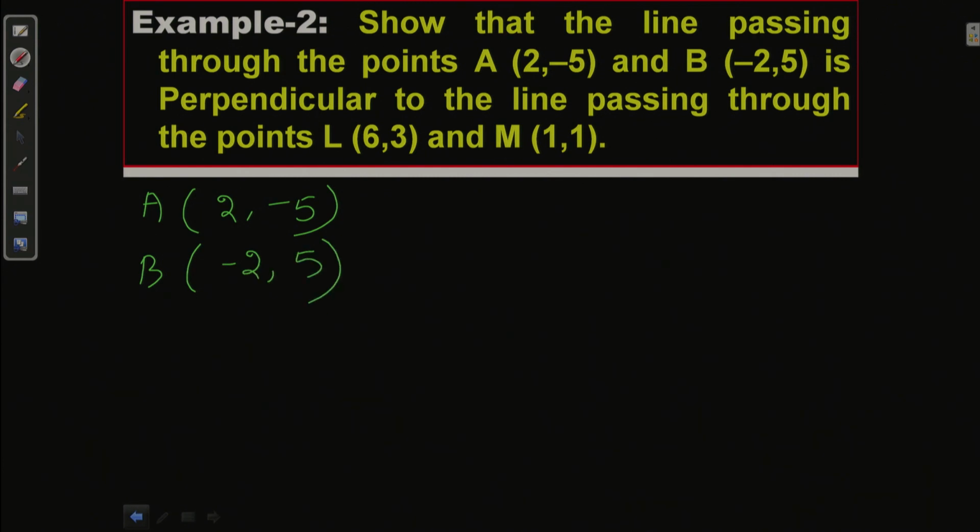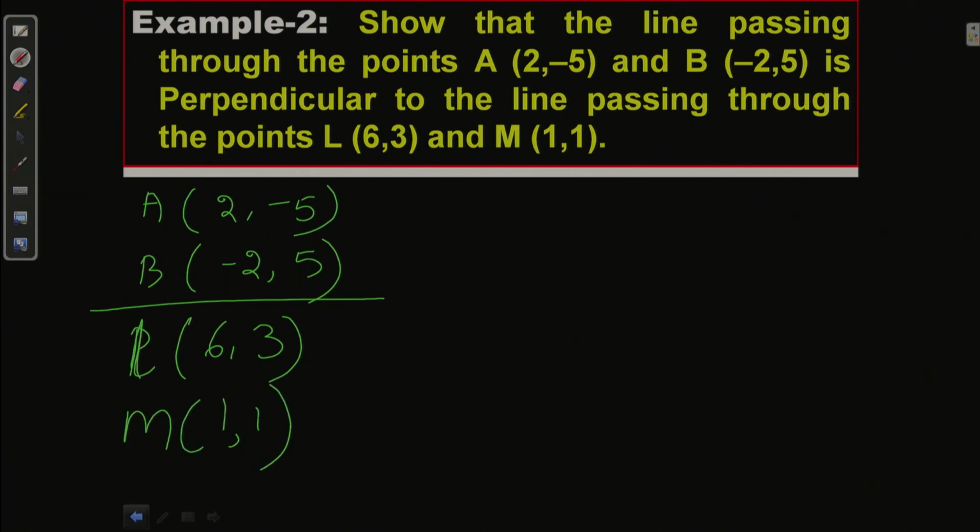And for PQ, suppose the line has L as 6, 3, and M given as 1 and 1, and we are going to show whether AB is perpendicular to LM or not.